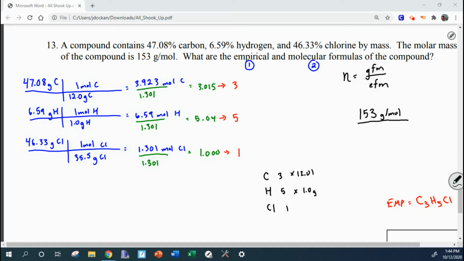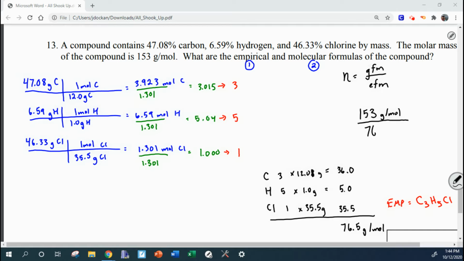Here are the molar masses. We have 36.0, 5.0, and 35.5. When we add those up, we get 76.5 grams per mole for the empirical formula.